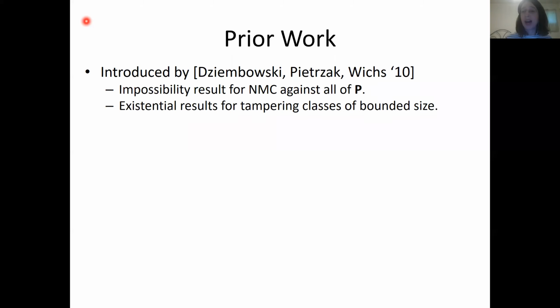Remember that we are in a keyless setting. So there is no secret key between the sender and the receiver, and encode and decode are public.